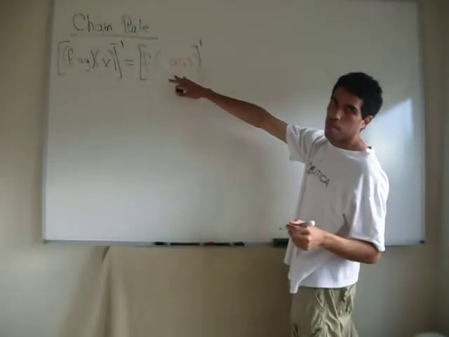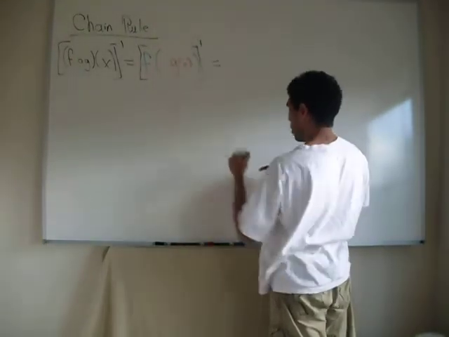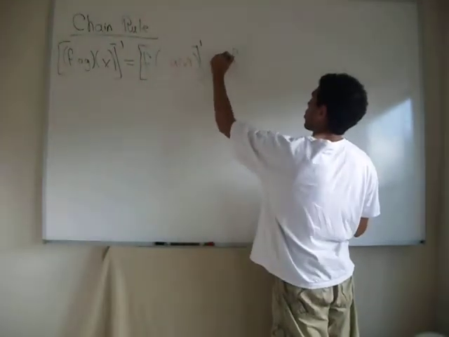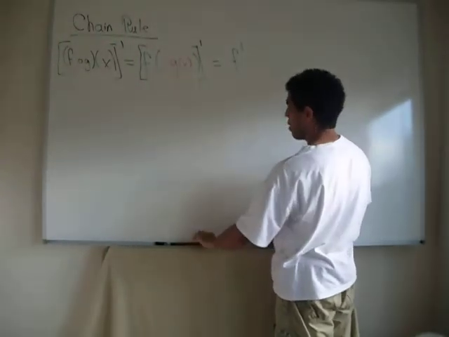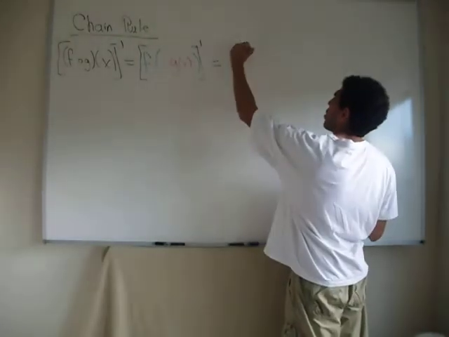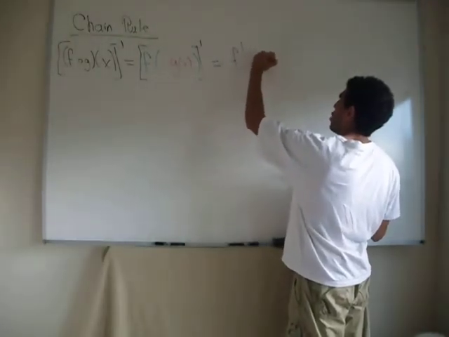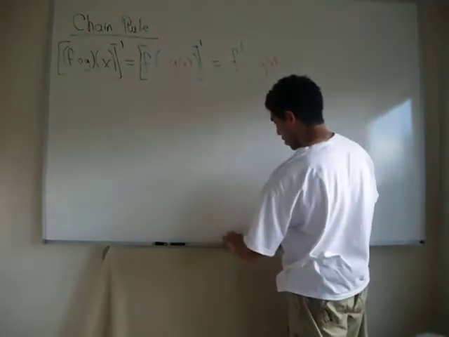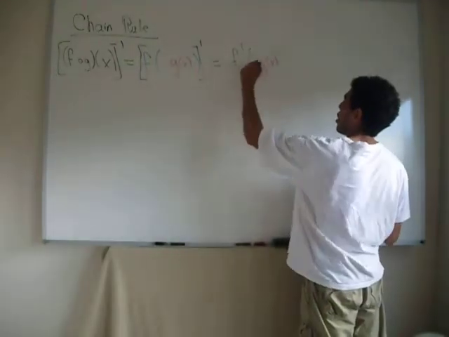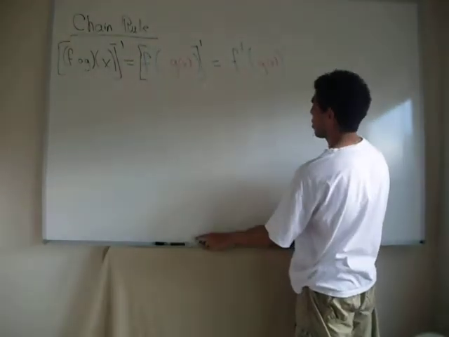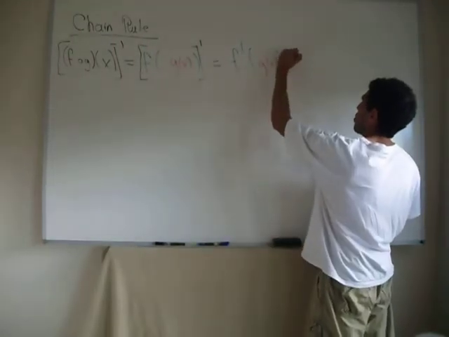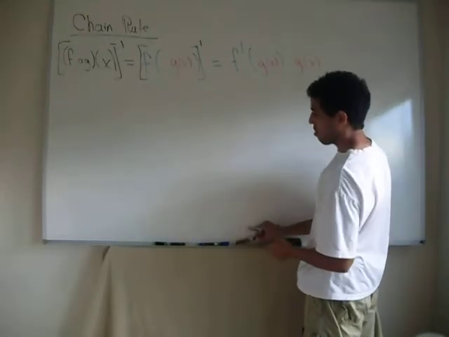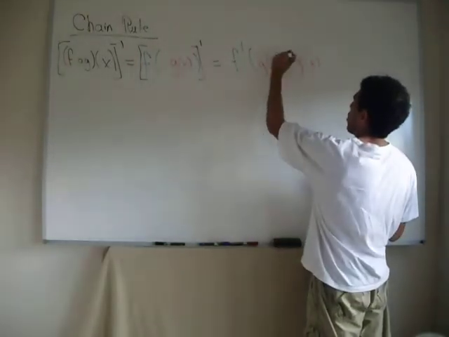The derivative of a composition of functions is going to be, keeping consistent with the colors, f prime evaluated in g, actually this should have been blue, f prime evaluated in g times g prime, which is called the inner derivative.